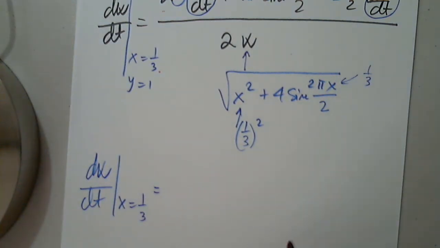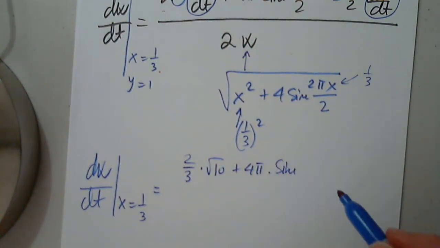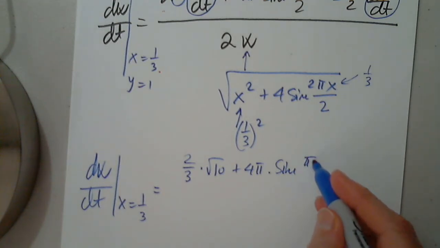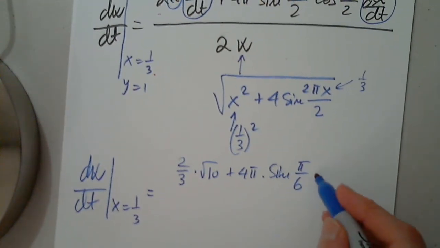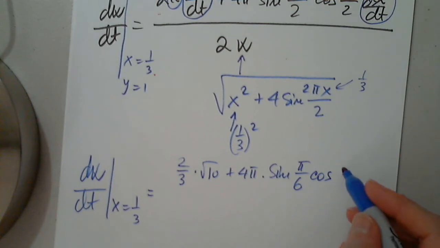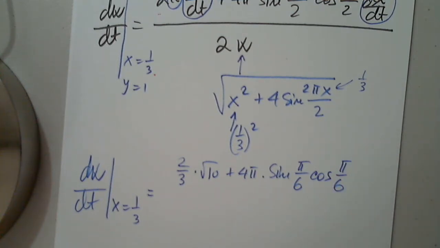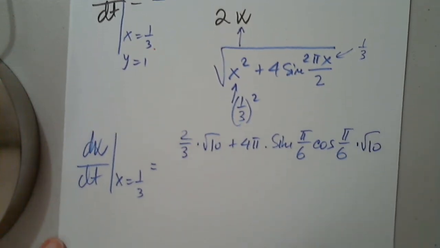So let's see what we have. 2/3 times the square root of 10 plus 4 pi sine pi over 6 cosine pi over 6, because I have pi times 1/3 divided by 2, times the square root of 10.